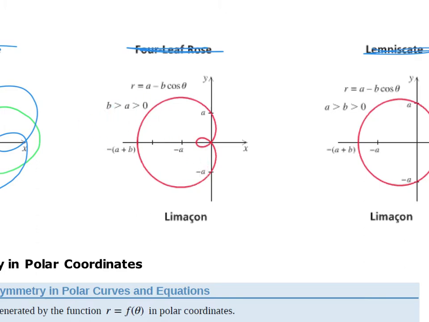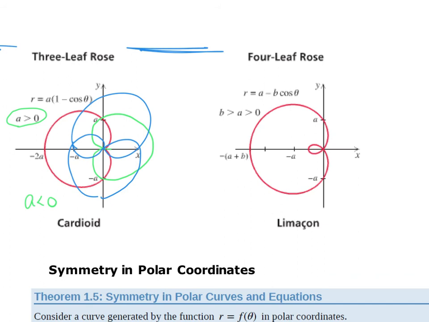The difference between the cardioid and a limacon is this. The cardioid is going to have like 3 minus 3 the cosine of theta. That's a cardioid. 3 minus 2 the cosine of theta is not a cardioid, it's a limacon. It's got a loop in it.